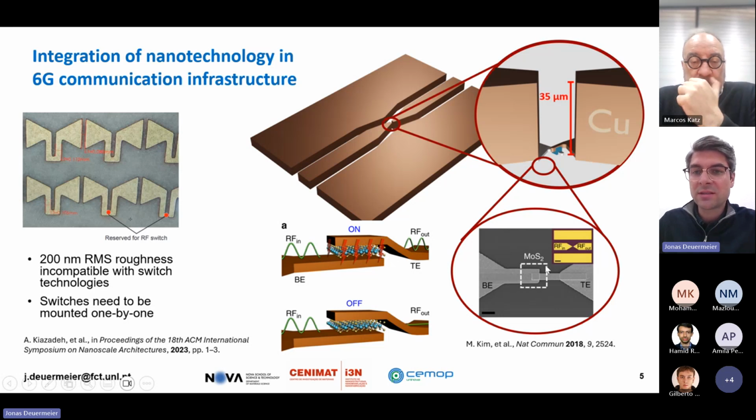And in these devices that we are also building in TerraMeta, but this is a work from literature, a two-dimensional material is used as the switching layer. So we're talking here about really a few nanometers of active material. And to integrate this into a micrometer-sized structure is challenging.